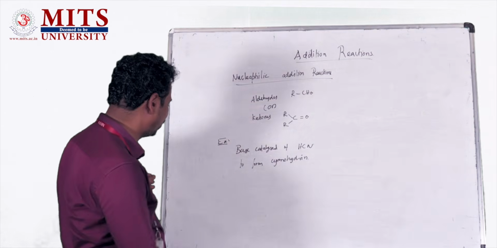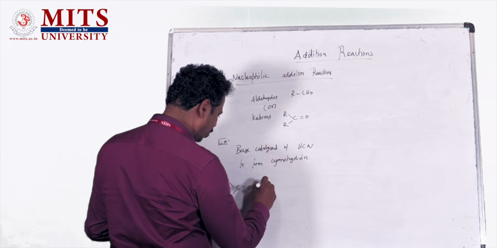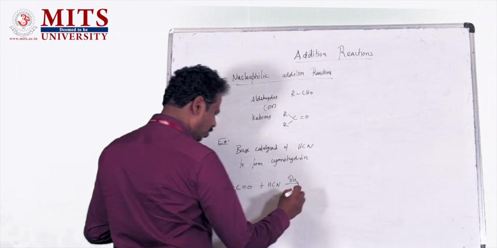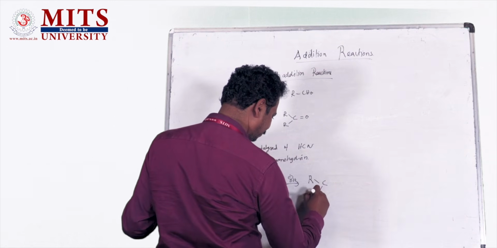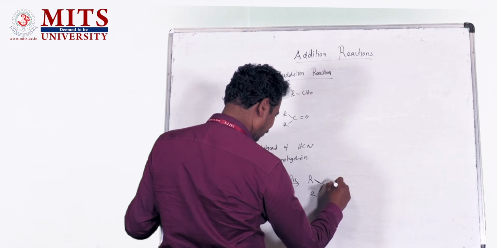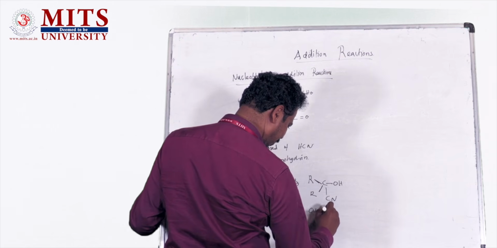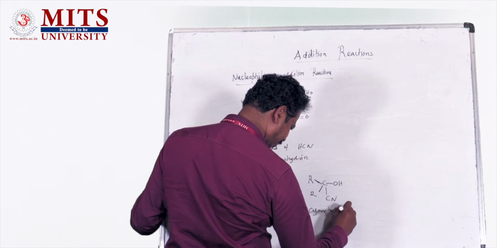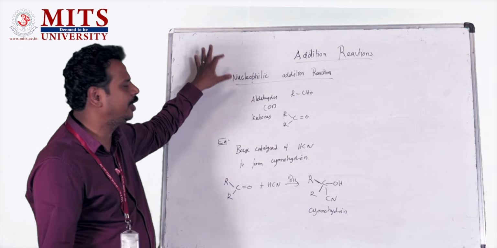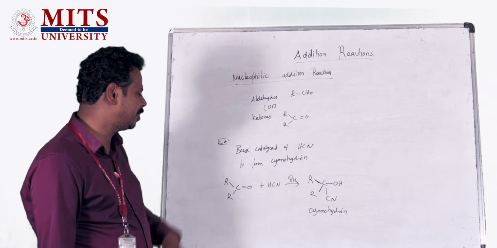For example, you can see C double bond O plus HCN in the presence of a base, and you'll be able to obtain the cyanohydrin product. So the example for this nucleophilic addition reaction is base catalyst of HCN to form a cyanohydrin.